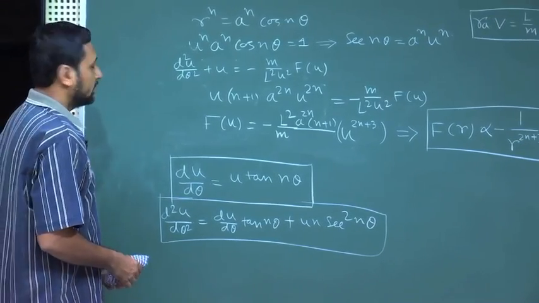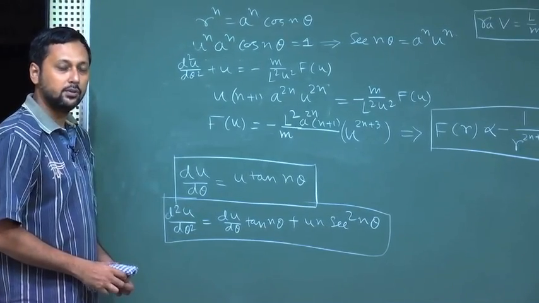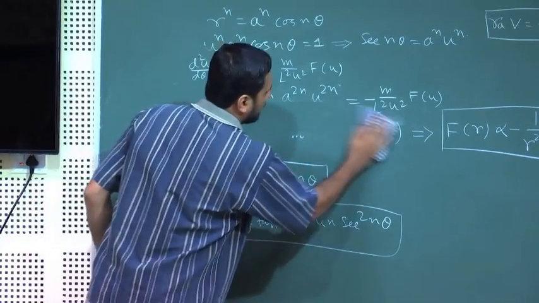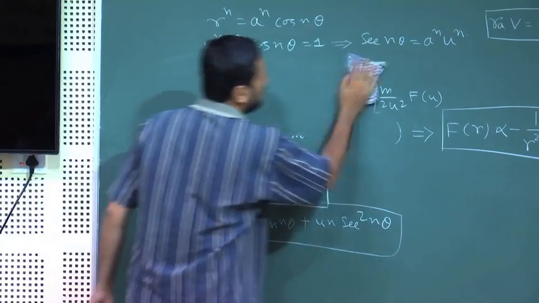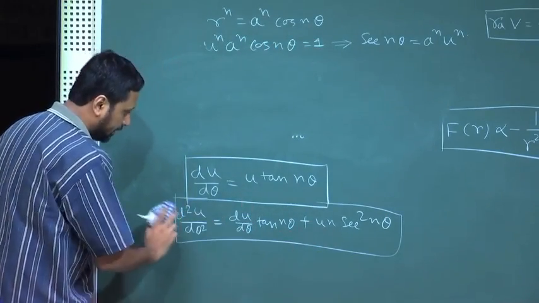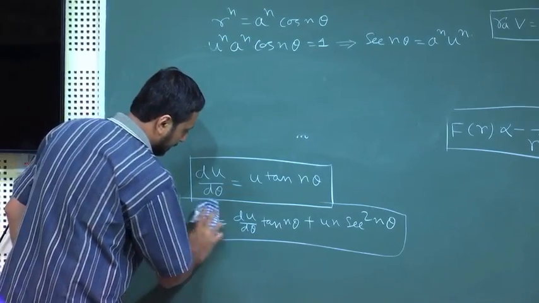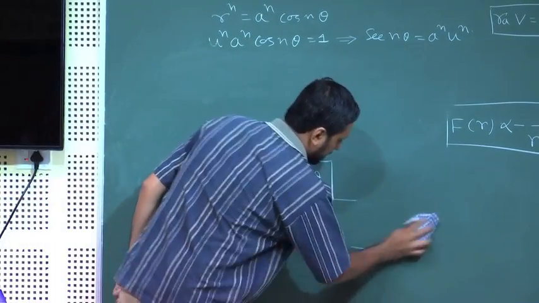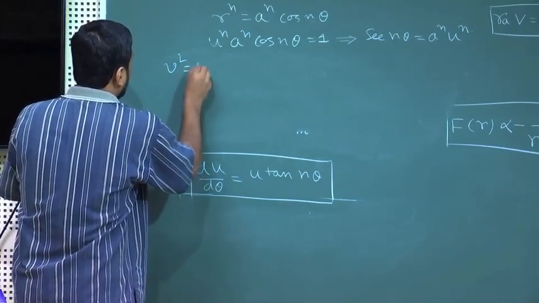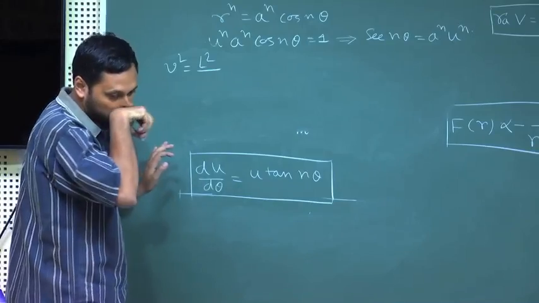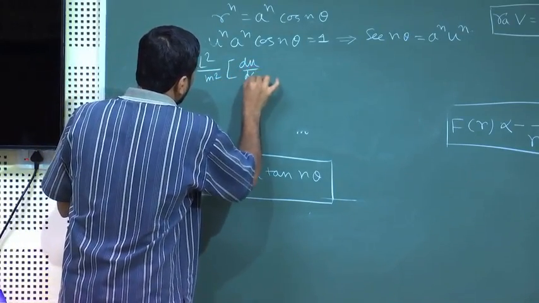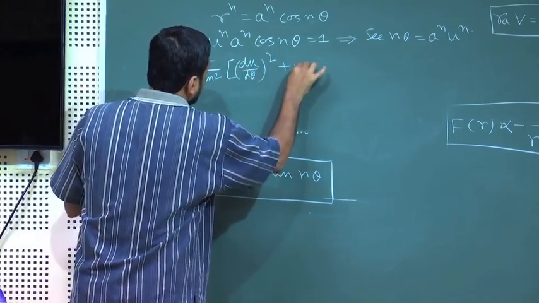Now, for the second part, we have to find out the velocity expression. The velocity at any point of the orbit, we do not need this anymore, and also the second derivative we do not need anymore, because for the velocity expression we only need the first derivative. Now, v square is L square by m square, du d theta whole square plus u square.